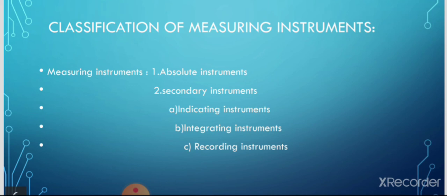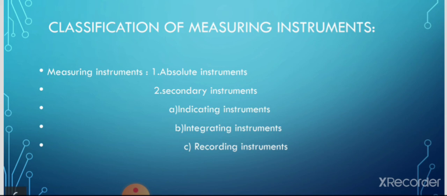Indicating instruments are those instruments which make use of a dial and pointer for indicating the magnitude of the unknown quantity. The instruments which use a dial and pointer, that is, a scale and pointer, to indicate the quantity are known as indicating instruments.